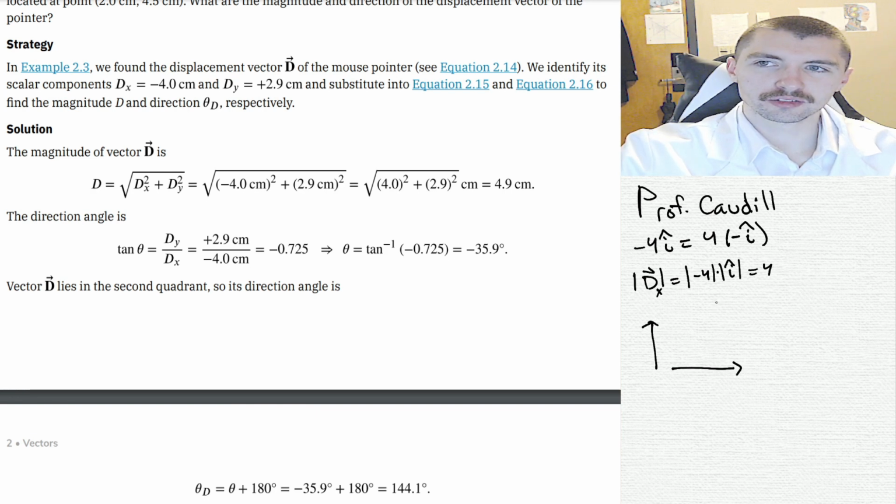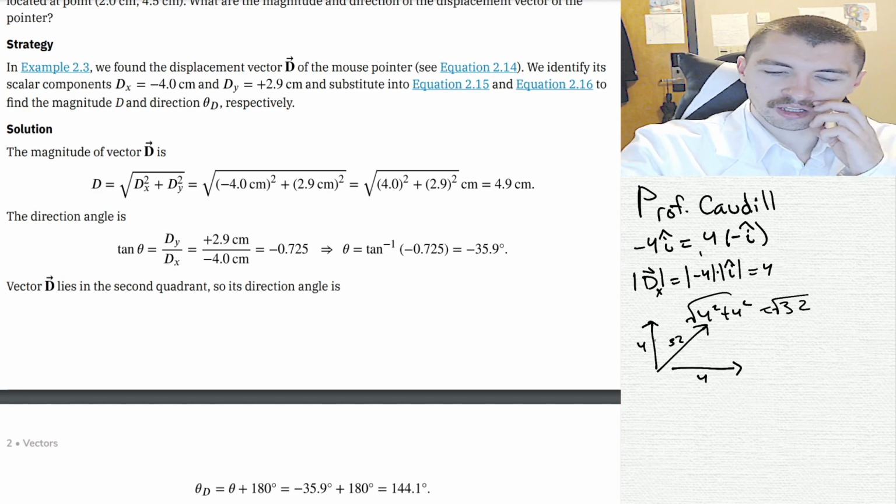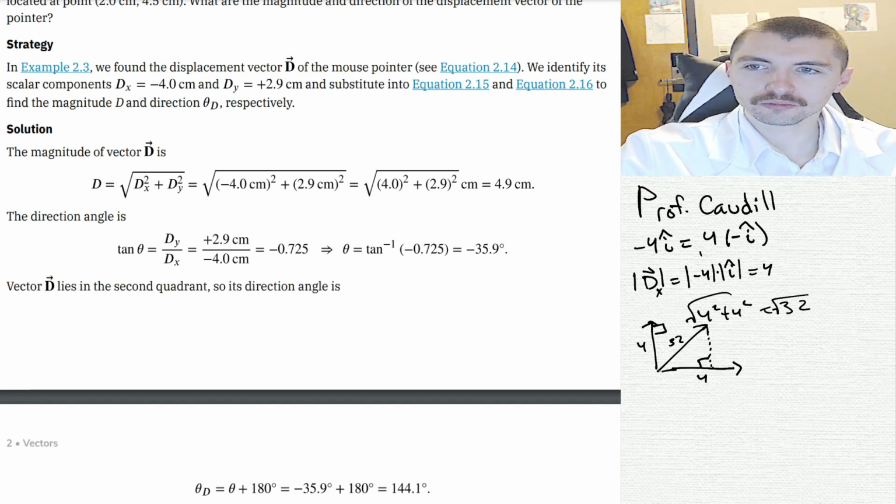If this is 4 and this is 4, then that's 4 squared plus 4 squared equals 32. So you're going to get a vector that's 32, because there's a right angle here. Drop this down, there's a right angle here, and we know the length of this, and we know the length of this.